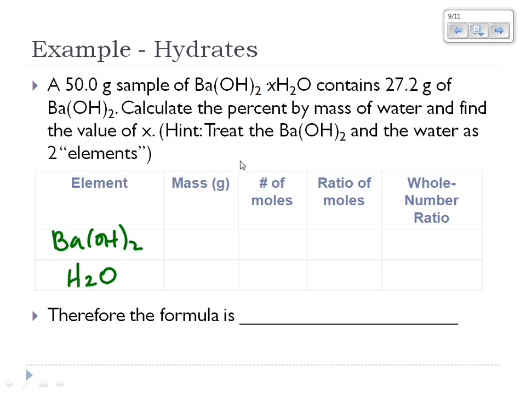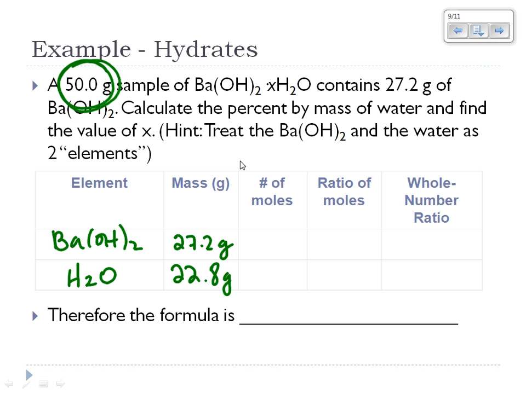And then I'm going to follow my riddle. In this case, I didn't give you any percentages. I gave you the masses straight up in the question. So I know I have 27.2 grams of barium hydroxide, and the rest of my 50-gram sample is going to be water. So in this case, it's 22.8 grams. That's water.